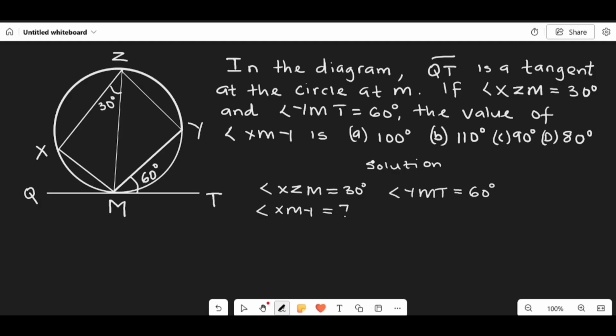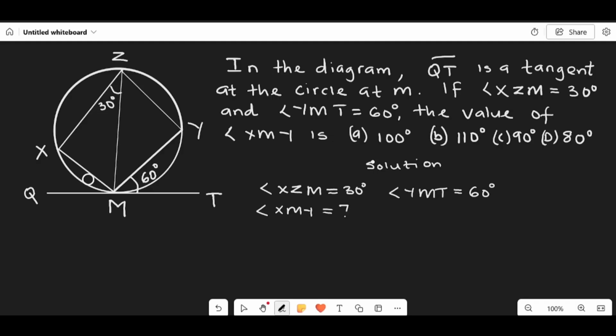According to the alternate segment theorem, the angle between a tangent and a chord is equal to the angle in the alternate segment. In this diagram, XM is a chord and QT is a tangent.